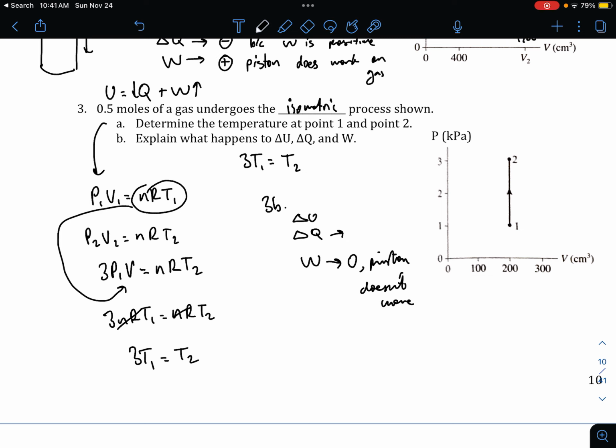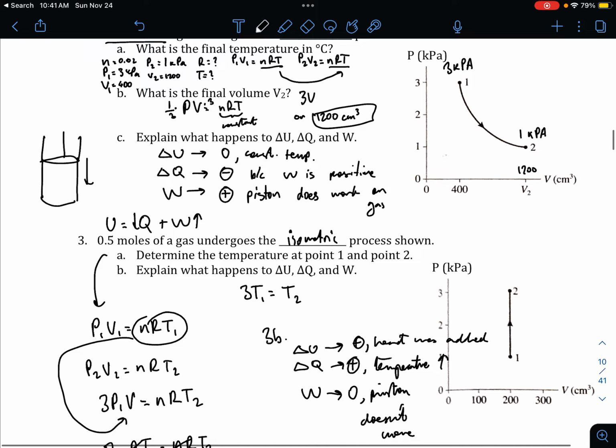Change in Q is going to be positive, right? You added heat because temperature increased. And change in U must have increased because temperature got bigger, but also if you think about the first law of thermodynamics, if you add heat, your internal energy will increase. So heat was added.